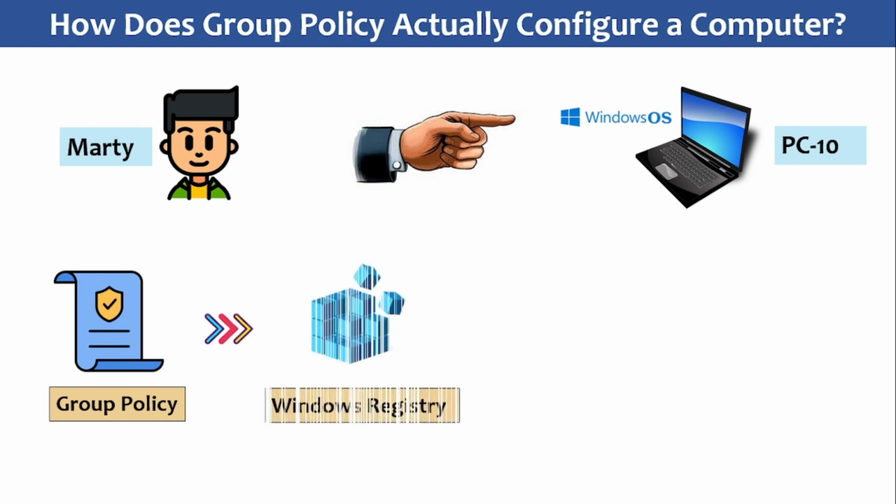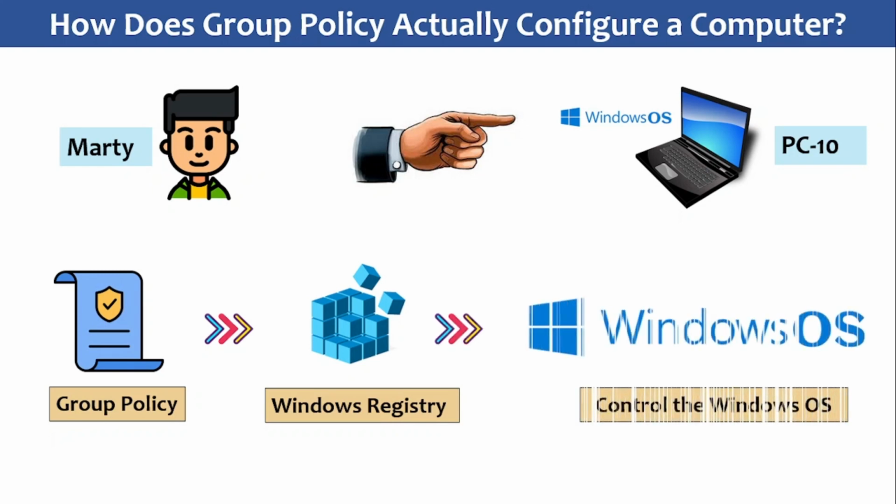and it will go ahead and make changes in the registry of PC10, and the Windows operating system will read these registry settings and make the changes accordingly, and Marty will be able to use this PC as per the policy.